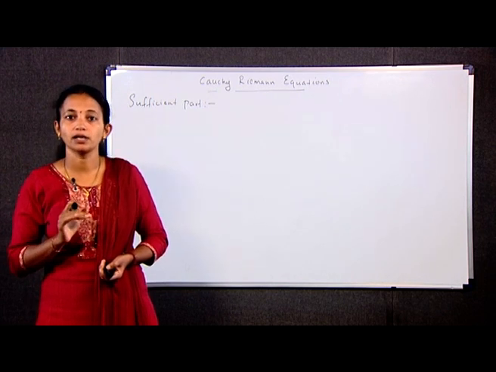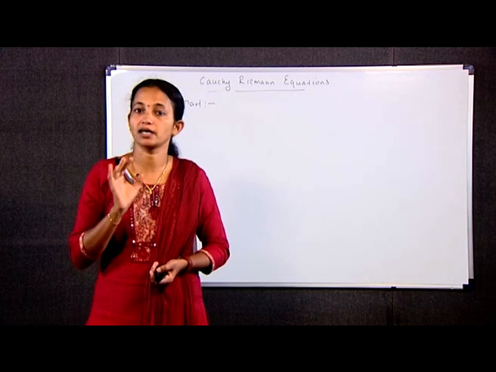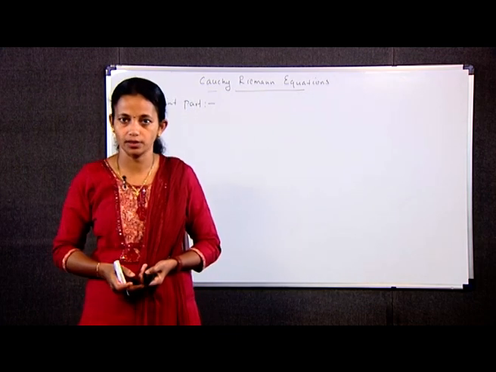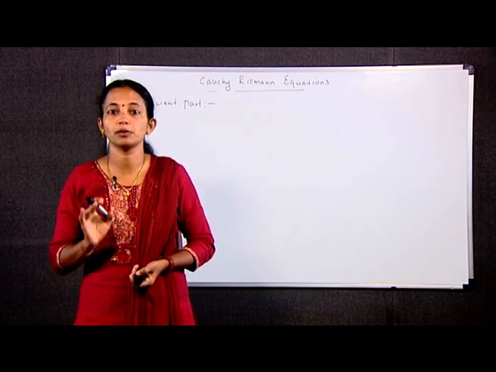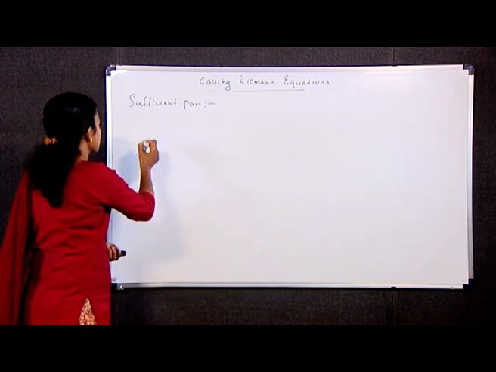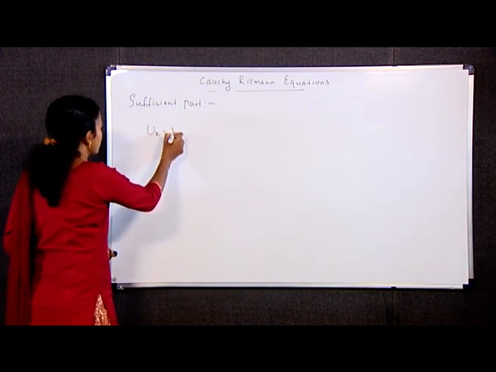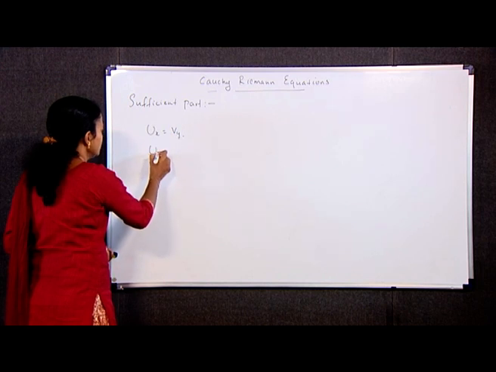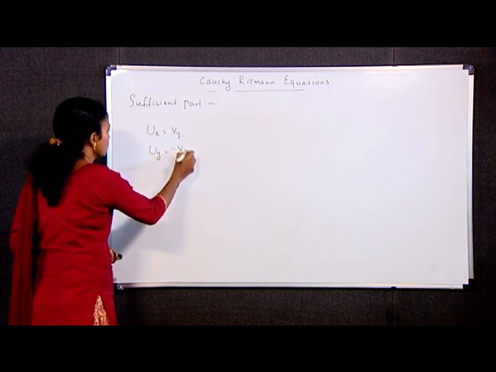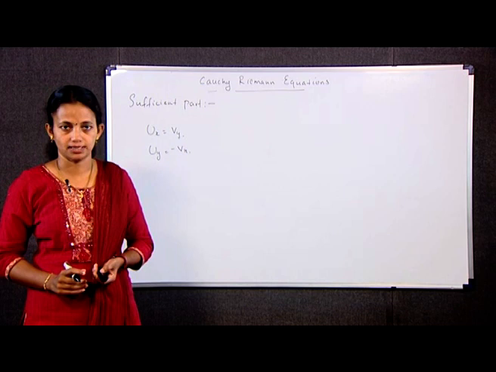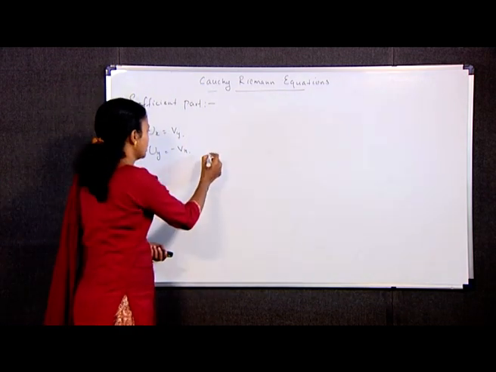And second, those partial derivatives are continuous at (x naught, y naught) and satisfy Cauchy-Riemann equations, u_x is equal to v_y and u_y is equal to minus v_x at (x naught, y naught).